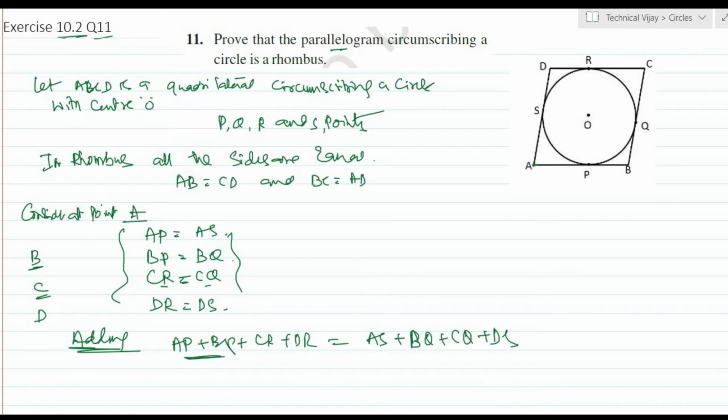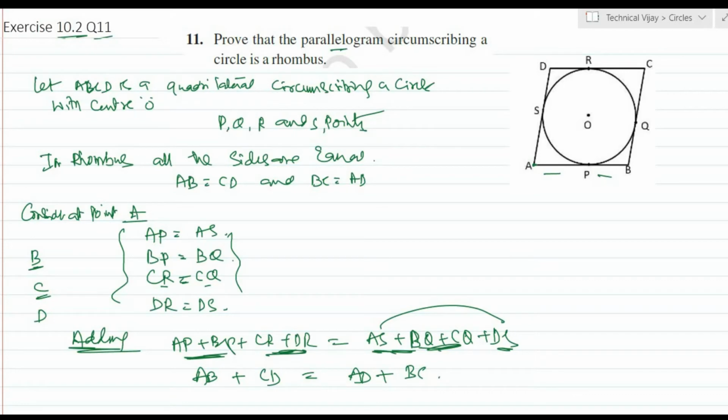Here AP plus BP is equal to AB, CR plus DR is equal to CD, AS plus DS is equal to AD, and BQ plus CQ is equal to BC.